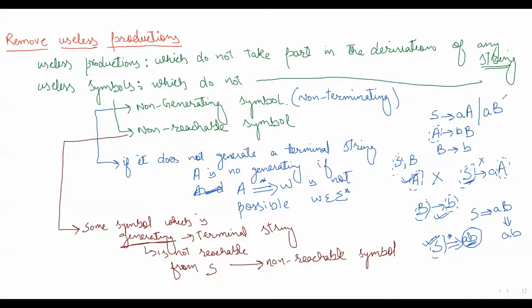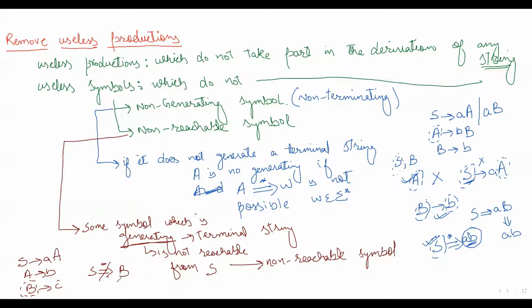Let me write an example. Here you can see B is a generating symbol because it generates c, a terminal string. But is it possible to reach B from S?